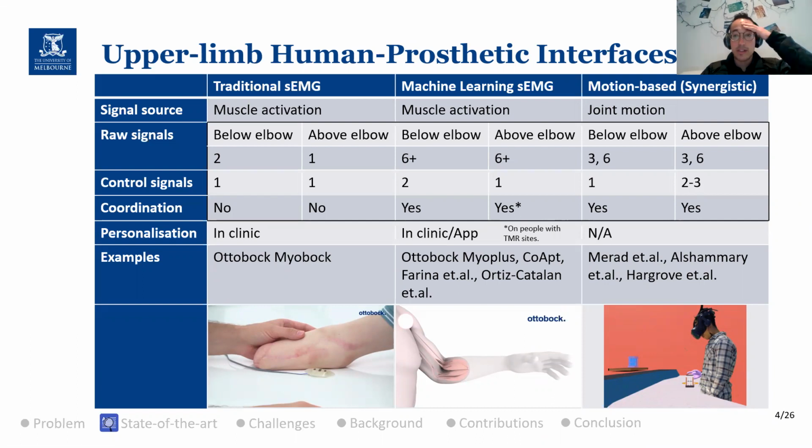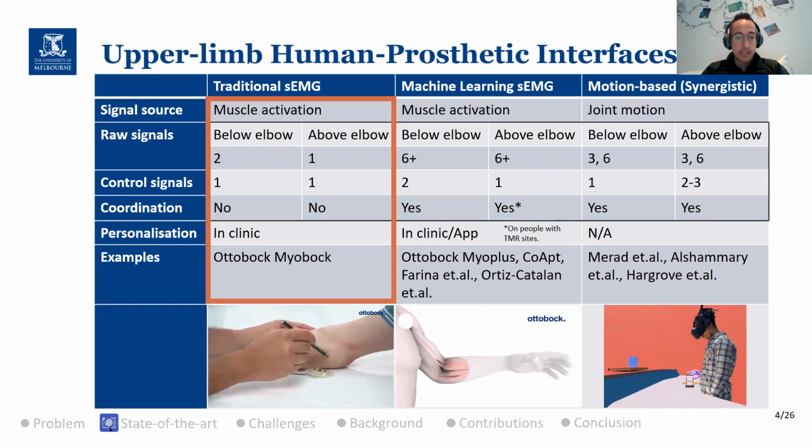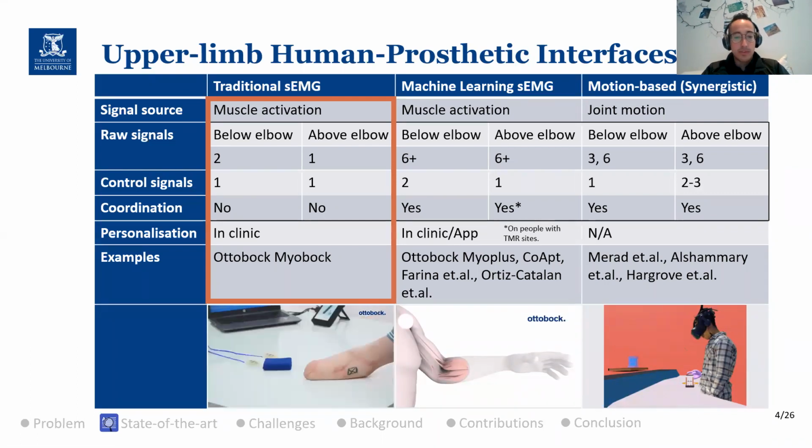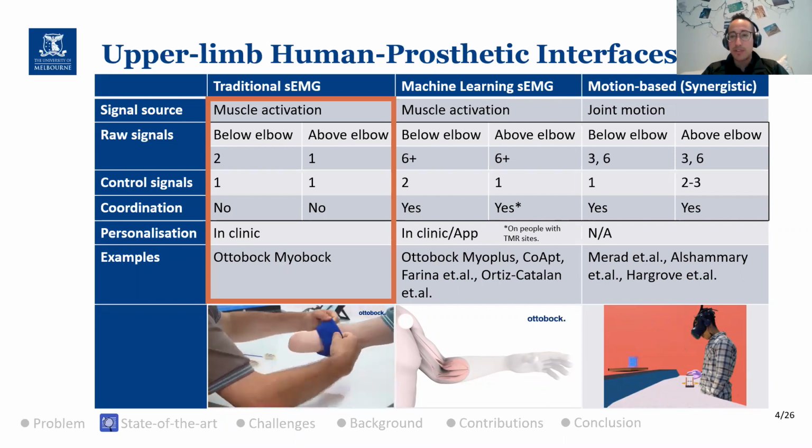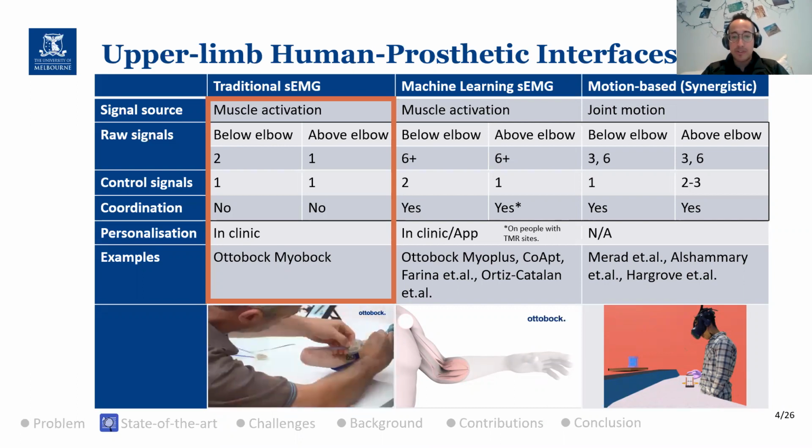The traditional one, which was the top until a couple of years ago, was the traditional surface electromyography. Basically, a couple of sensors measure the voltage induced by muscle activation. You place a couple of sensors on major muscle groups, and that's what the person uses to drive the motors of the prosthesis.